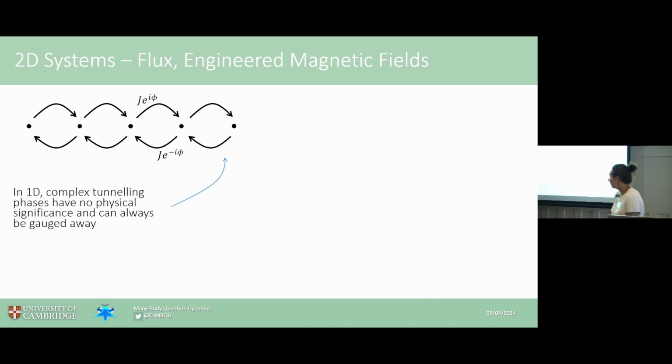Another useful aspect of using Floquet engineering is the creation of complex tunneling amplitudes. This is something that we're not able to do by any other means. If we have a stationary Hamiltonian, we're not able to generate any kind of complex tunneling. And in 1 dimension, this doesn't matter and has no physical significance.